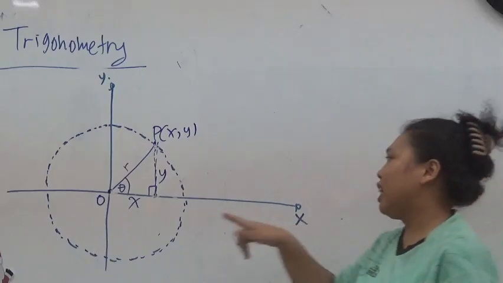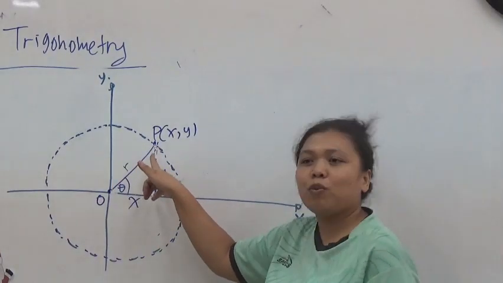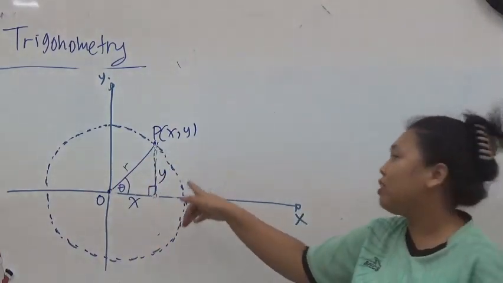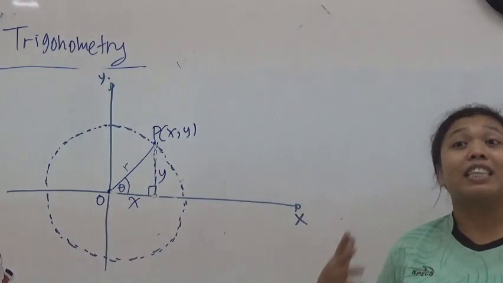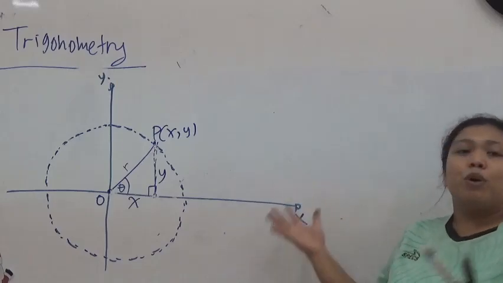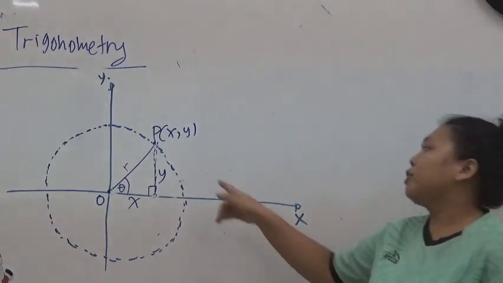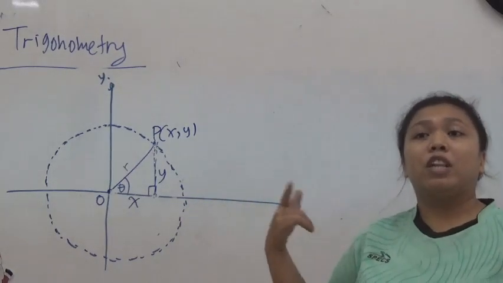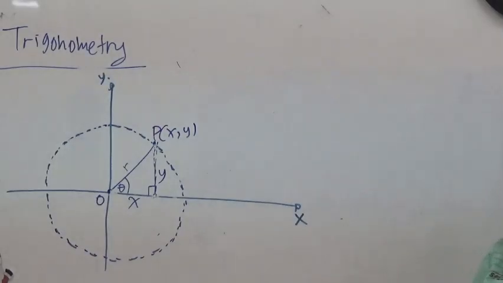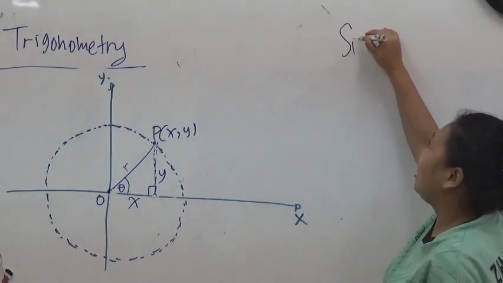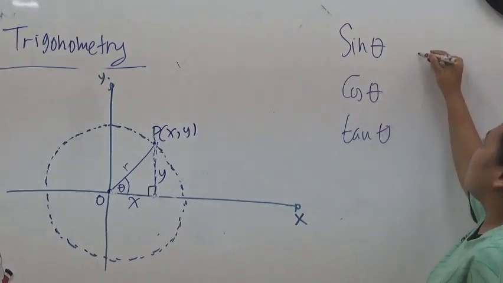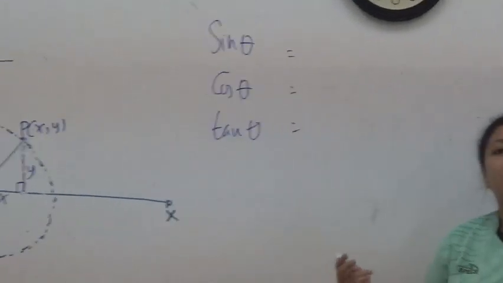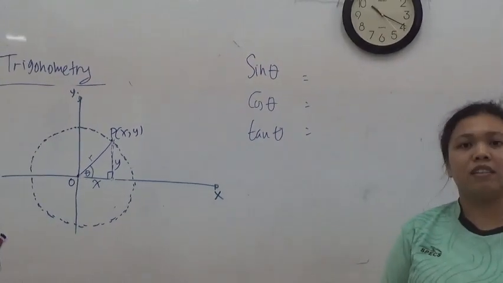Every time you have 90 degrees inside one triangle, you call this triangle a right angle triangle. So every time you have a right angle triangle, as you already did in year 10, you can always apply the trigonometry concept. Remember you have three things: sine theta, cos theta, and tangent theta. They are just the ratio between two sides.